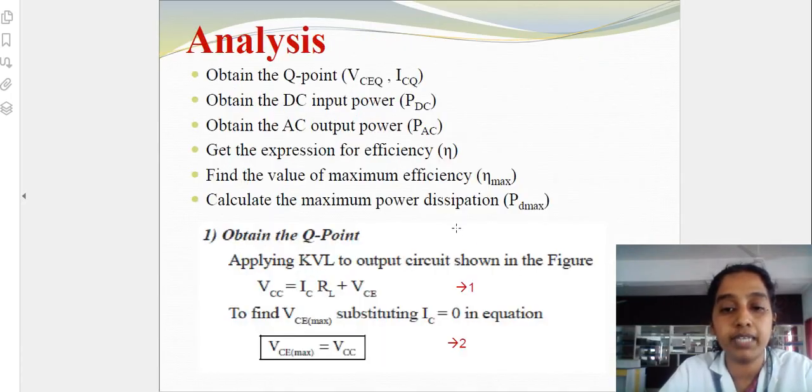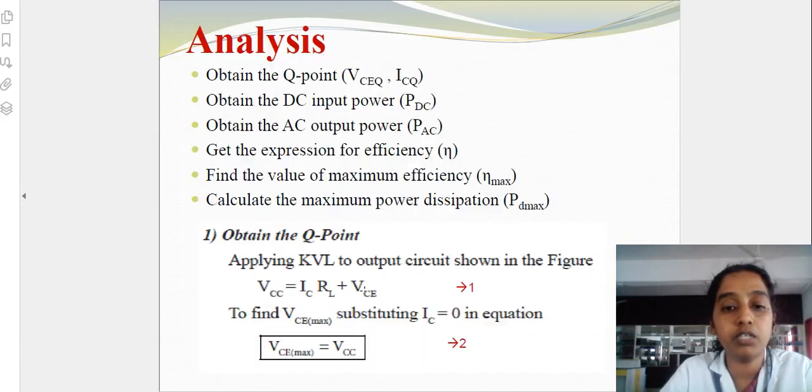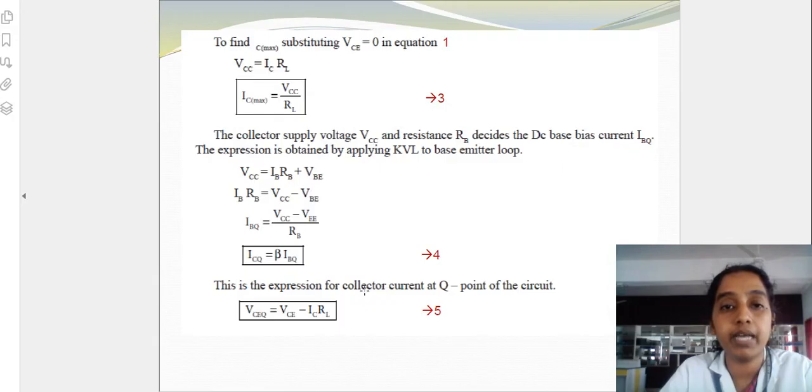Taking the value of IC as 0, VCC is equal to VCE. If I substitute VCE as 0, I can calculate IC: IC is equal to VCC by RC.